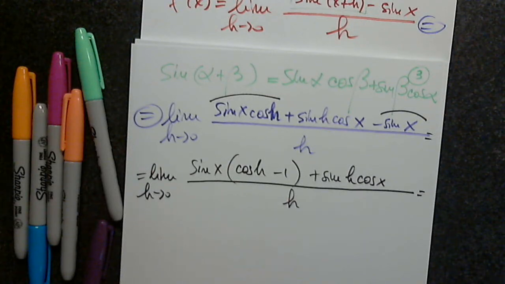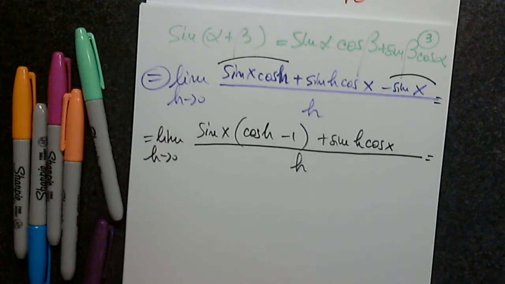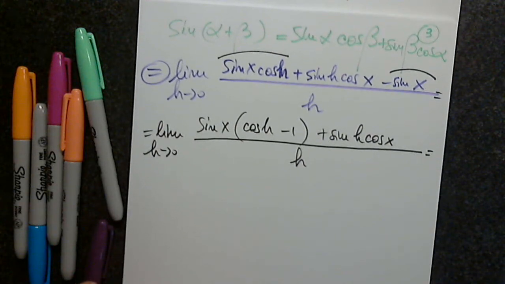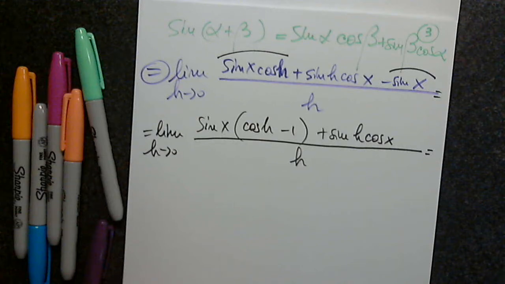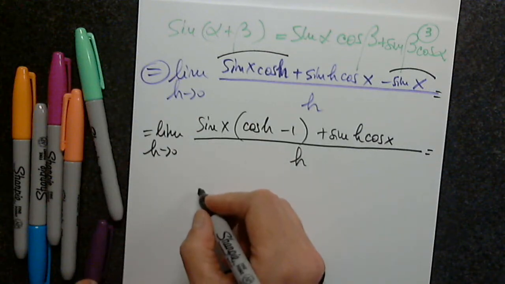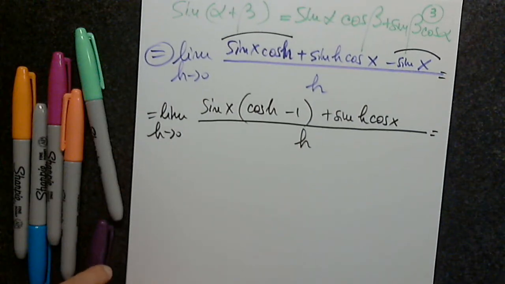That's for now. Now here's another identity that we have to look at. There are two identities that I would like to present together. We are going to use one of them.